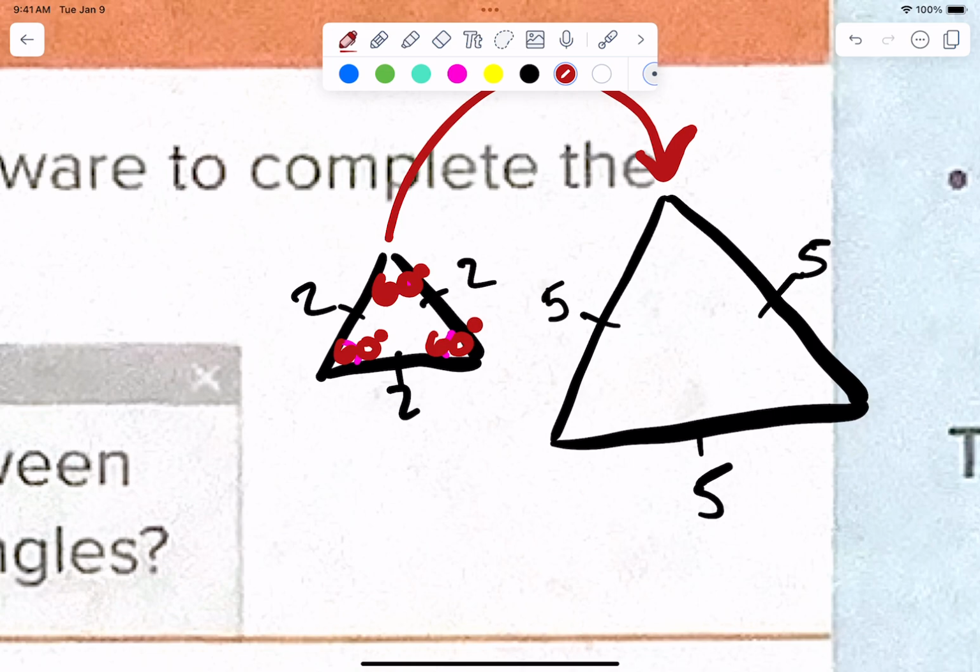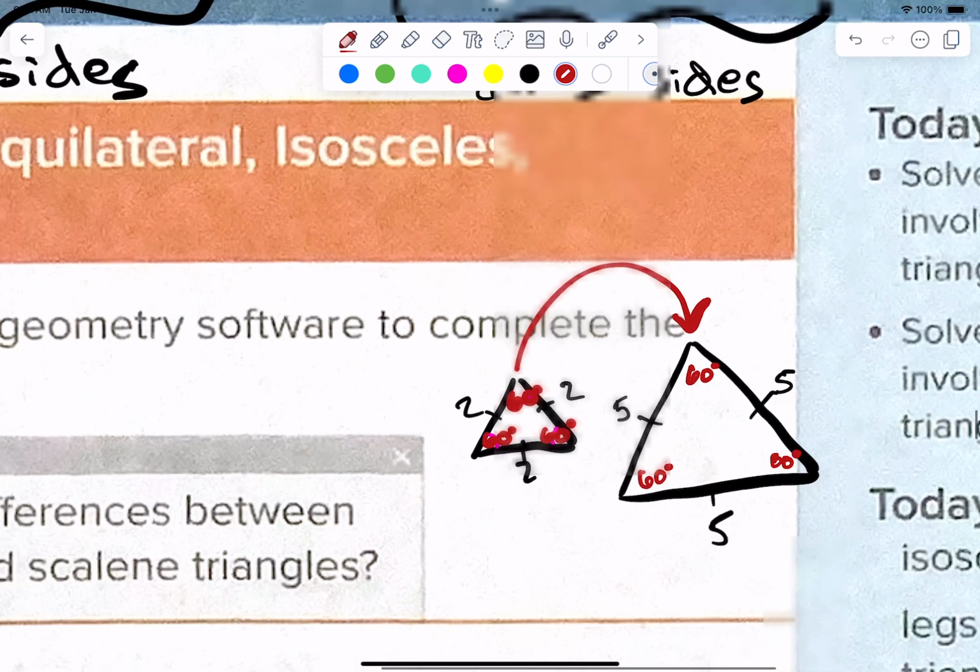Does that mean these are like 100 degrees? No. They're all still 60s. Even though the other one is bigger, the angle measures stay the same. The sides will get bigger, but the angle measures will stay 60s all the way around. So that is true for an equilateral triangle.